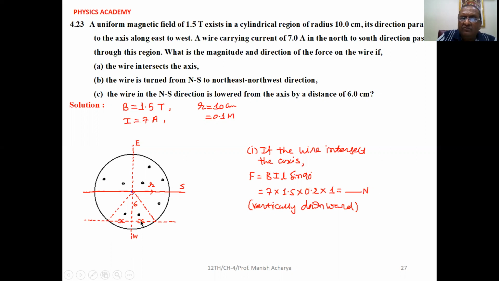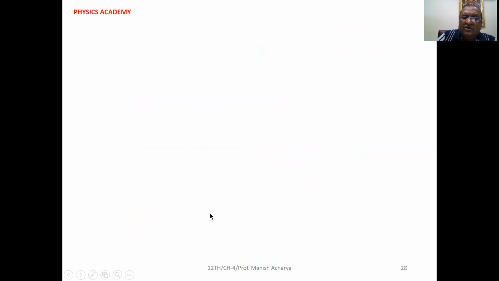So x is what we have to find. This is R, the radius of this cylindrical region, that is given to you, 10 centimeter. This one is 6. So we have to find x, and the length of the wire which is inside the magnetic field is 2x.